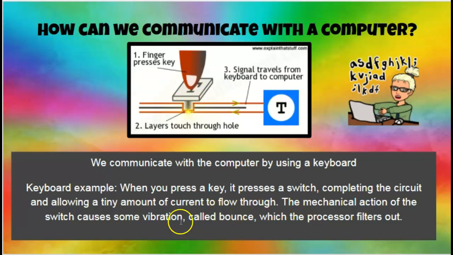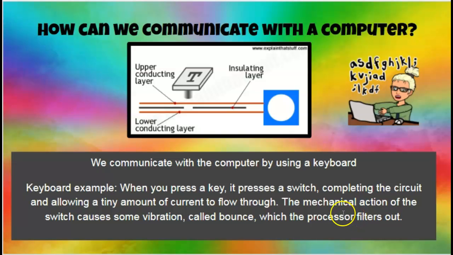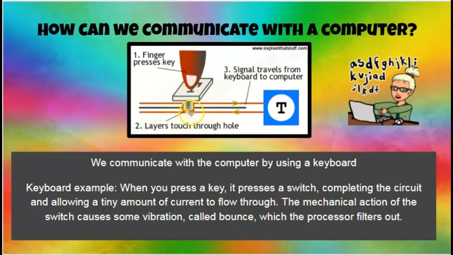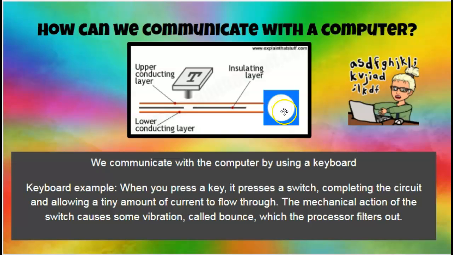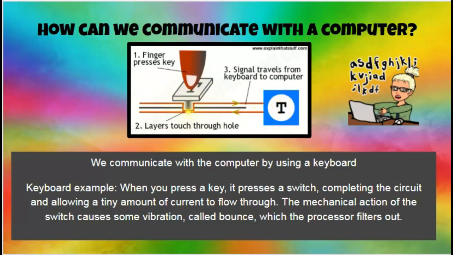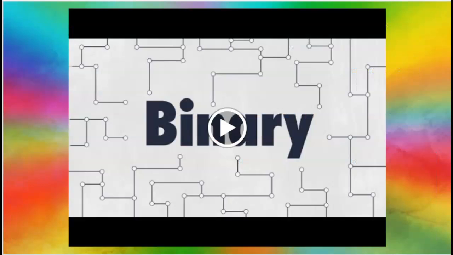The mechanical action of the switch causes some vibration called bounce, which the processor filters out. So we press a key, the switch is activated, and electronic pulses go through, and the computer actually translates it into binary code. So let's watch this video about what binary code is.